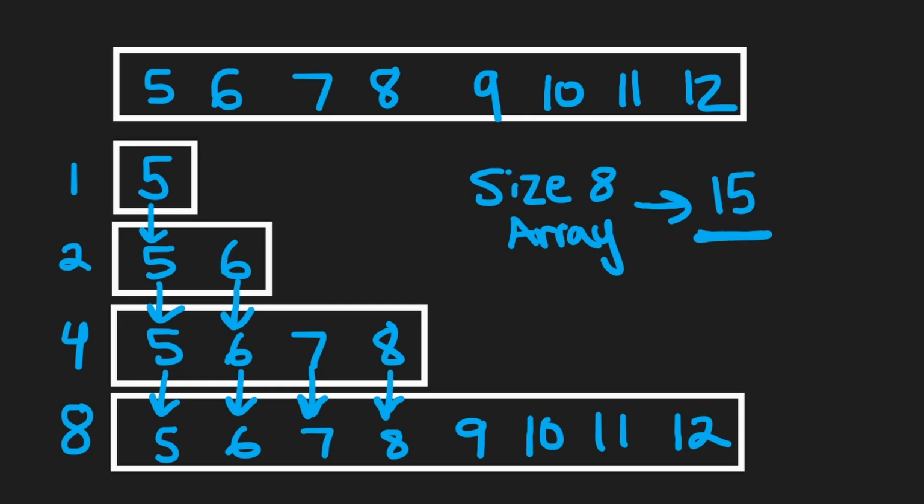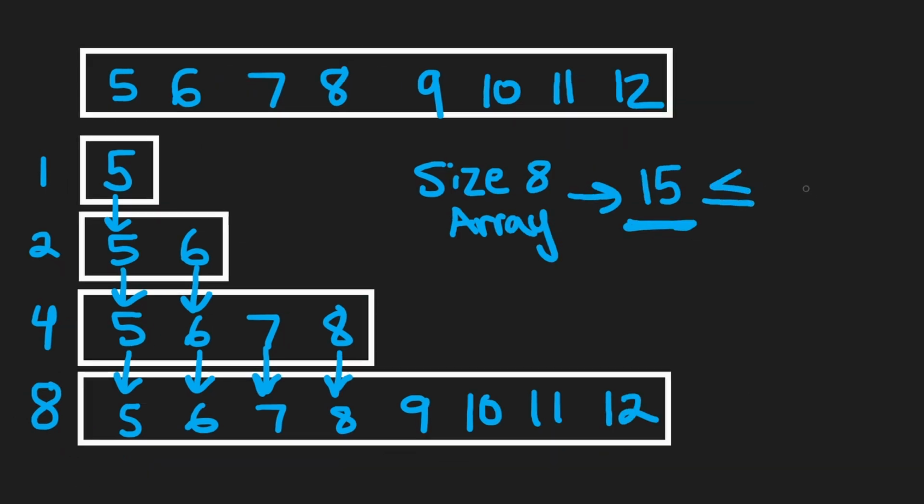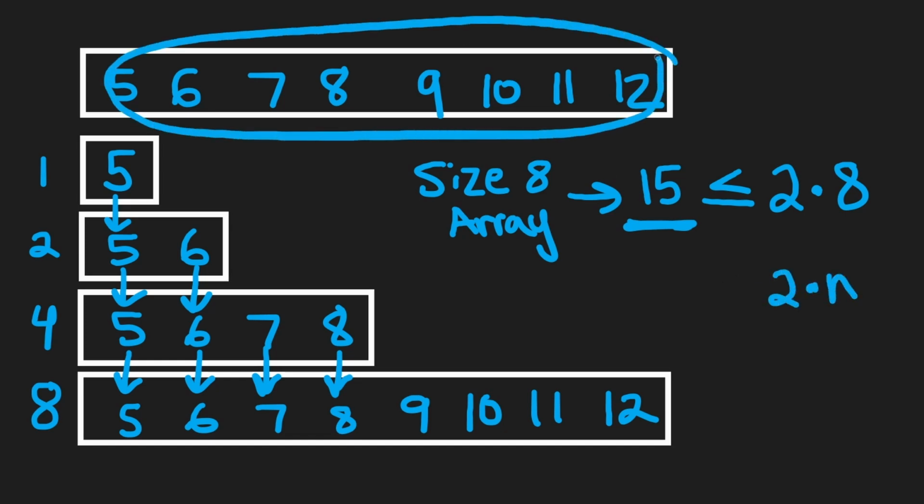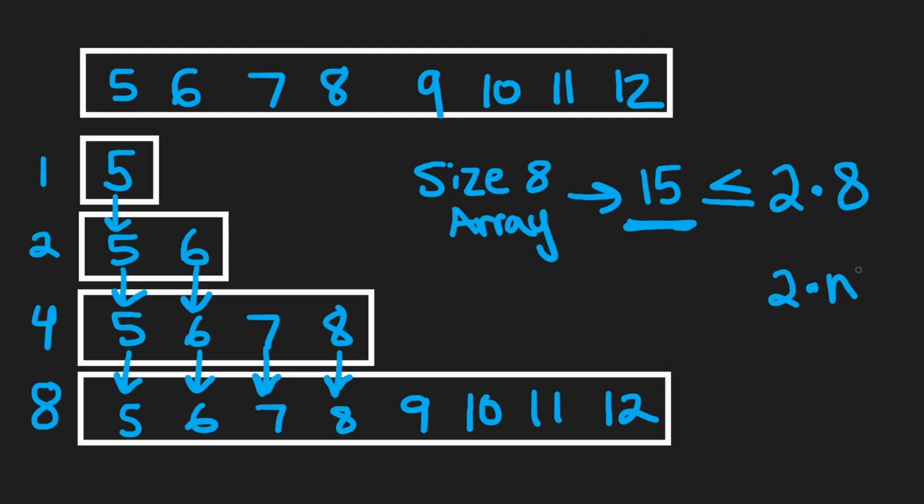We know that this number is dominated by the last term, which means that it's always going to be less than or equal to 2 times the last term. In this case, the last term is 8, but we know in the general case that it's going to be n for how many elements we wanted to push to an array. So we say that this is 2 times n.